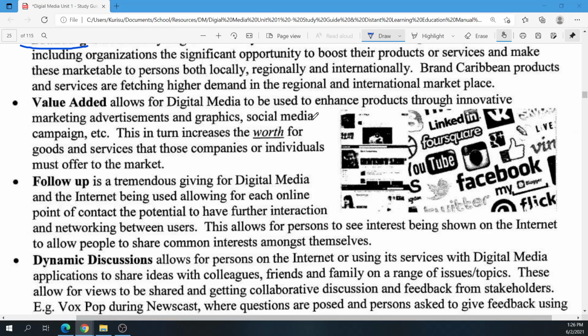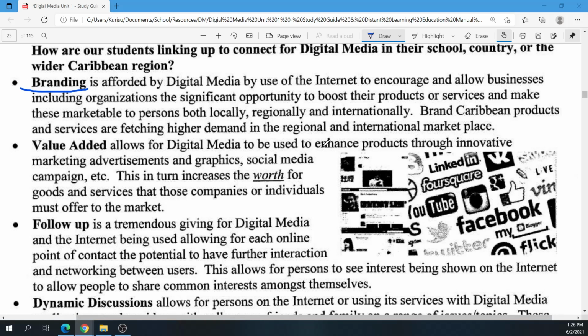So I could read out how value added is... I'm trying to get another word than value.